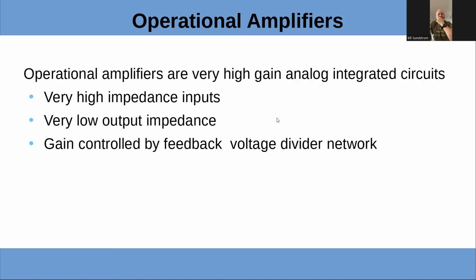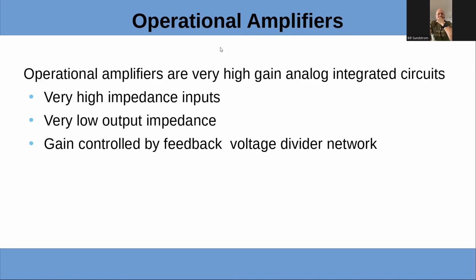We also have what we call operational amplifiers, which are integrated circuits. It's an analog amplifier in a small package. A lot of them are in the same kind of package you see a digital integrated circuit in, a dual inline. They have extremely high input impedance.